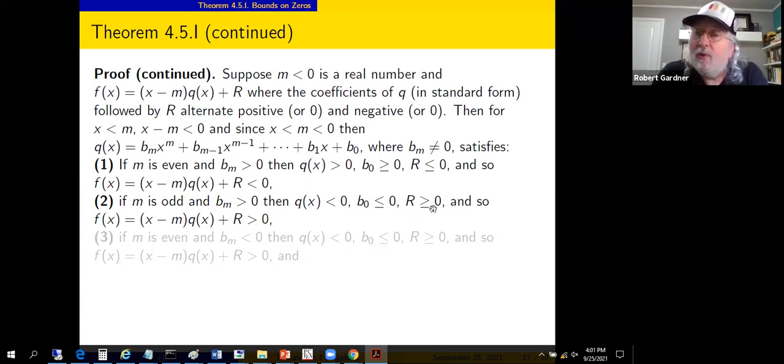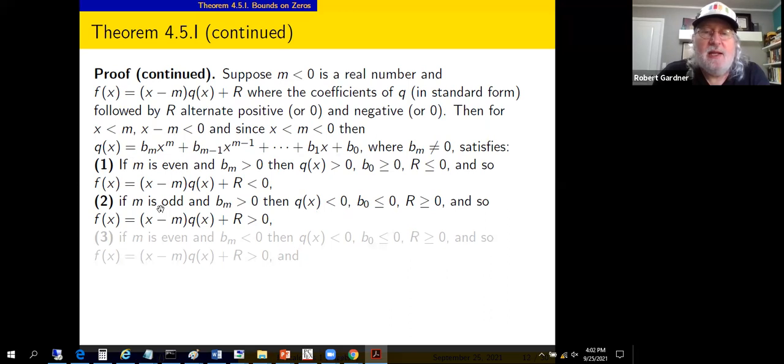And then R, we'll flip that one over to non-positive. So we're getting, in the Q function, all these terms are negative or 0. So Q of x must be negative. The first term we need to be strictly negative. And to that, we've added a bunch of either negative or 0 things, resulting in a summation that's negative. So Q of x is negative.